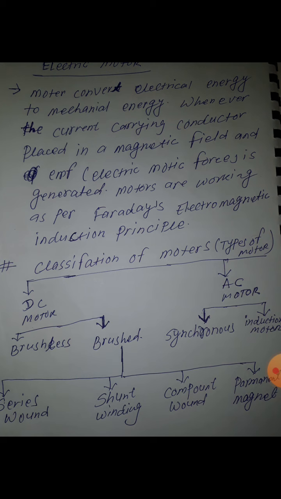Shunt winding motors are used in fans, blowers, lifts and weaving machines. And compound motors are used in drill machines, grinder machines, mixers and similar machines; all use compound winding motors, okay. And permanent magnet motors are used for auto systems.